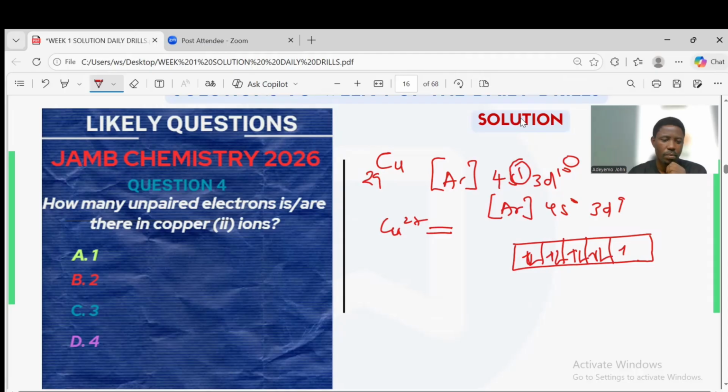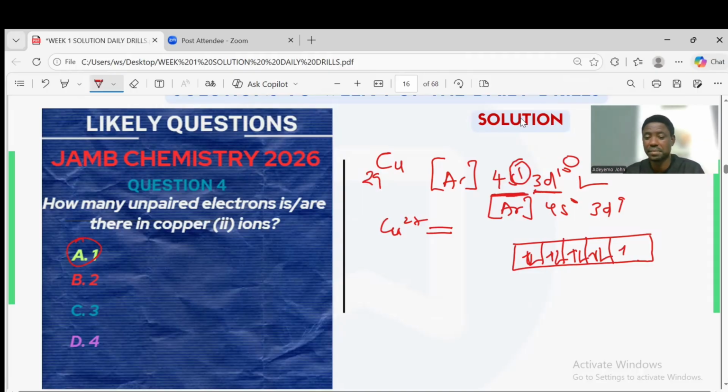So we have one unpaired electron. You can see how easy it is. First, you write the electronic configuration. Then you see if the last orbital you're working with has degenerate orbitals, and you follow through to line up the electrons you're filling into those orbitals. Also take note why you are losing electrons.